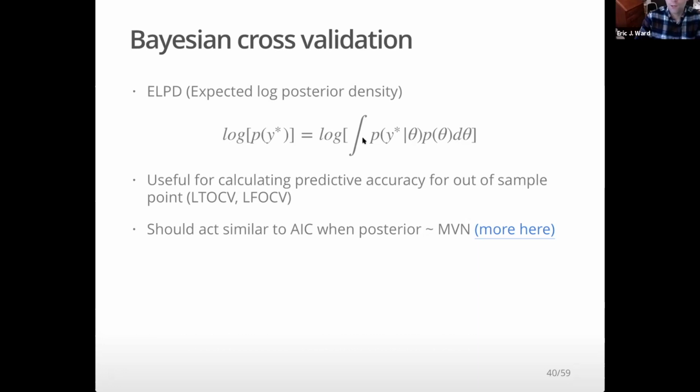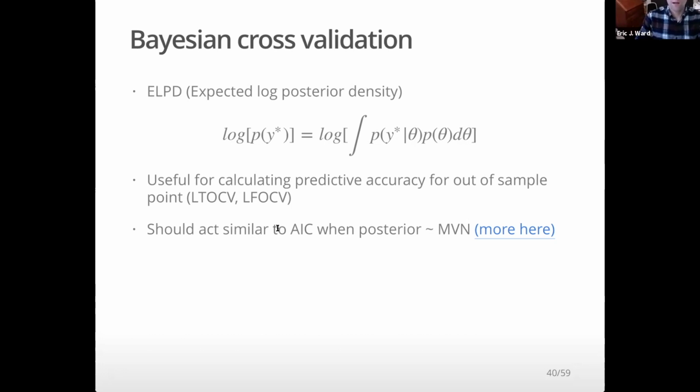It's widely applied in both leave-time-out and leave-future-out cross validation settings. When your posterior distribution is multivariate normal, this acts exactly the same as AIC, so these should converge and have very good performance for one-step-ahead forecasts.